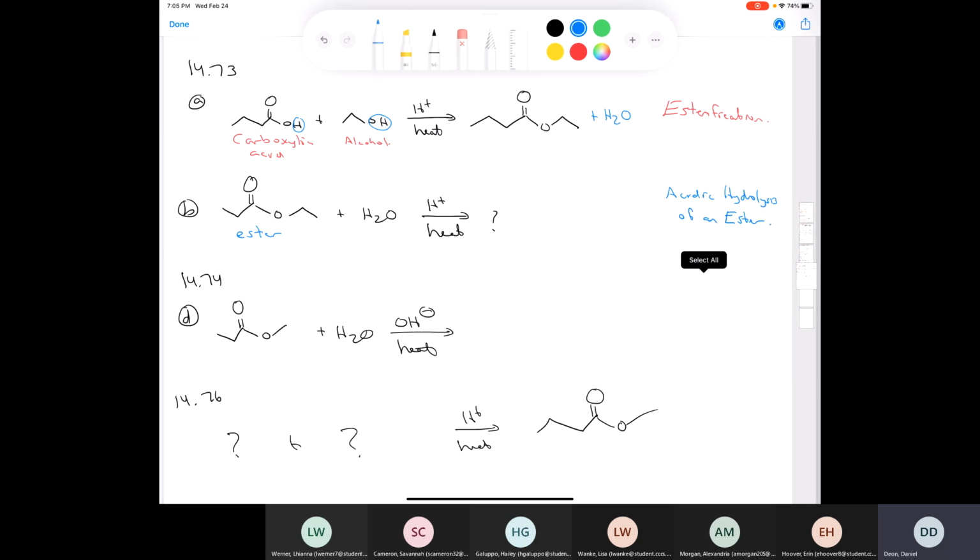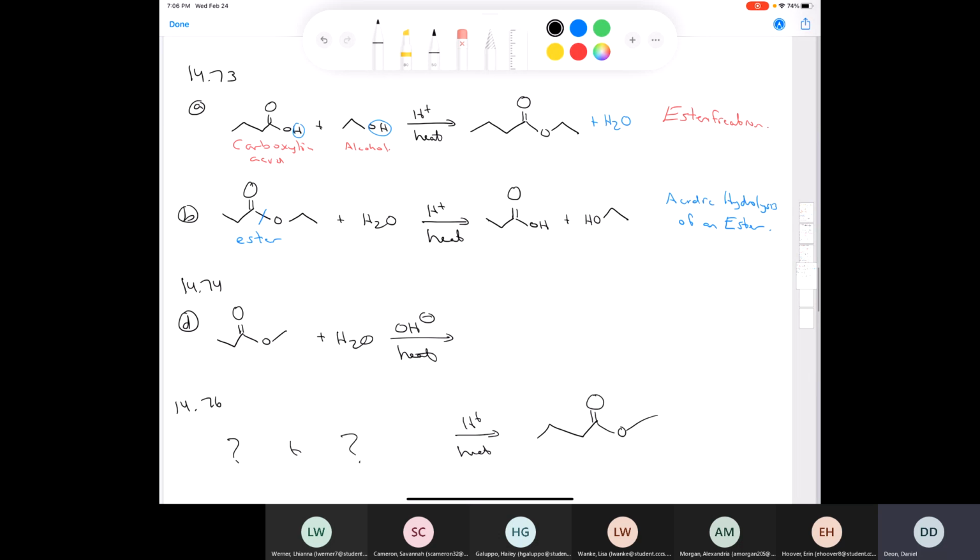And remember that the carbon-oxygen single bond is weaker than the carbon-oxygen double bond. And so we're going to end up with a carboxylic acid and an alcohol. Our carboxylic acid will have 3 carbons in it, and our alcohol will have those 2 carbons in it. So we end up with propionic acid or propanoic acid plus ethanol.